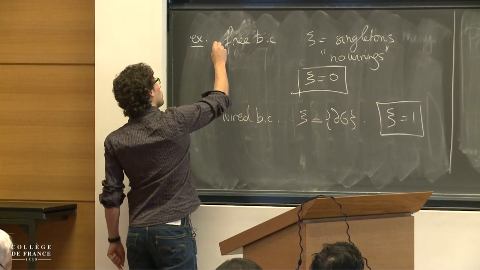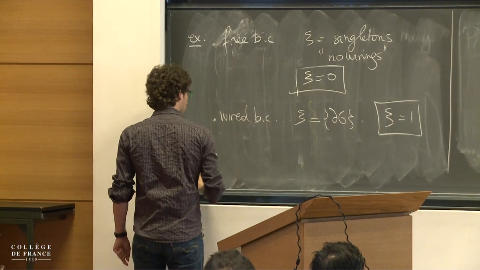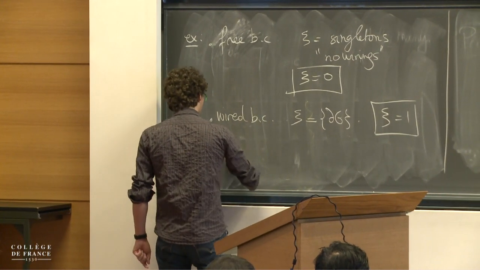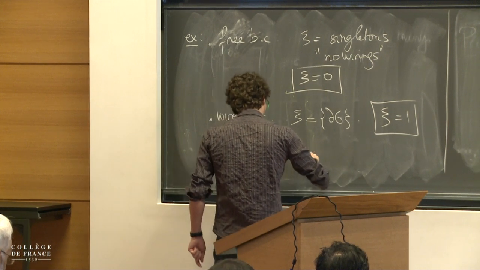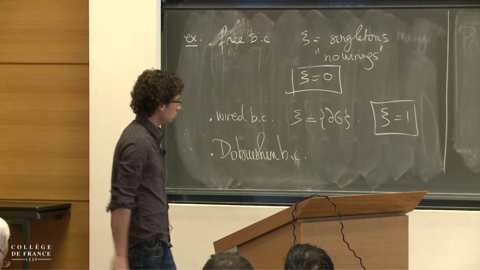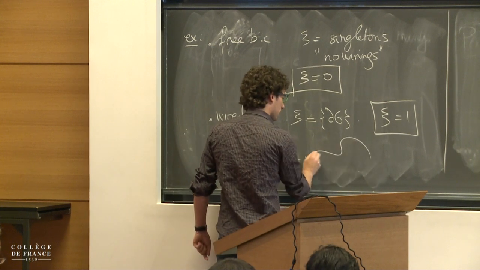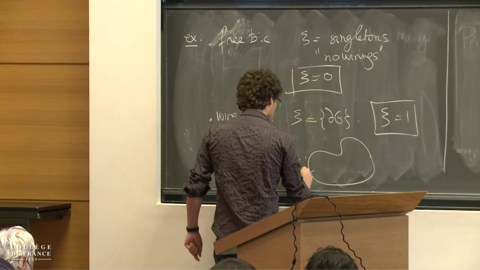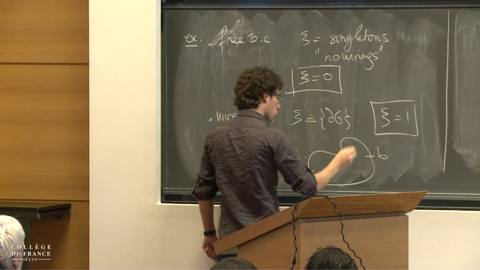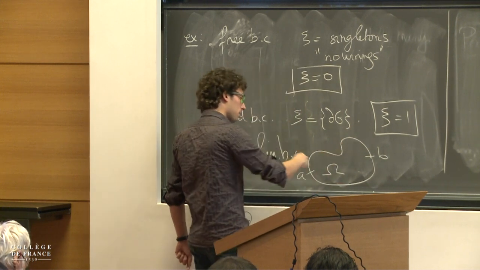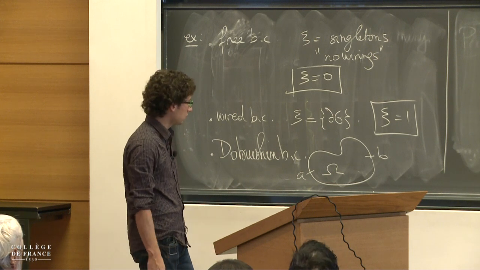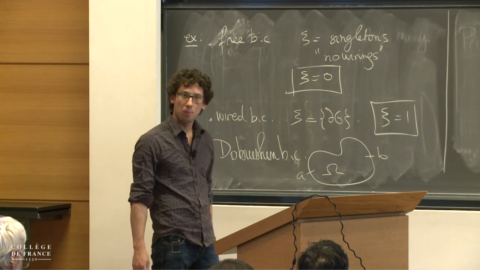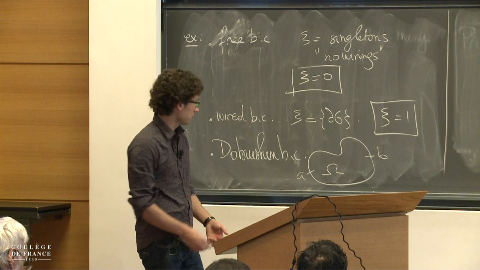Then there are two other boundary conditions I want to mention quickly. There are the Dobrushin boundary conditions. I will come back to this later, but imagine you have a graph which is basically a simply connected domain. At the discrete level, you need to say what it means, but say it means that the complement is connected.